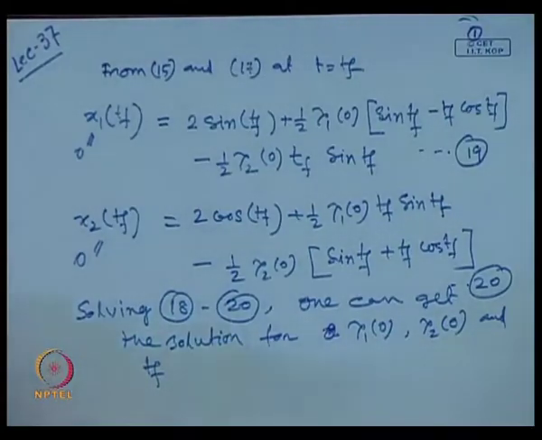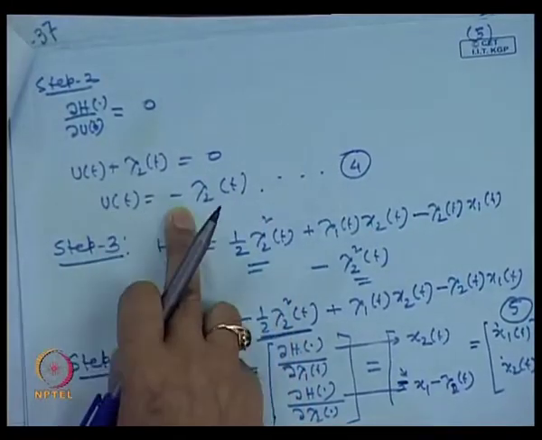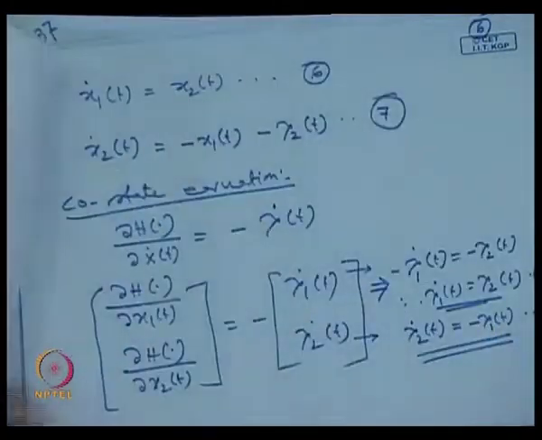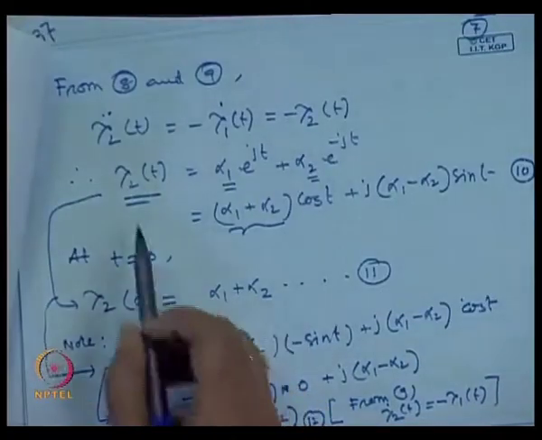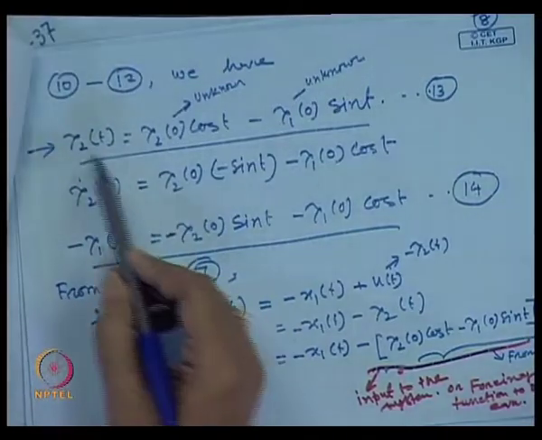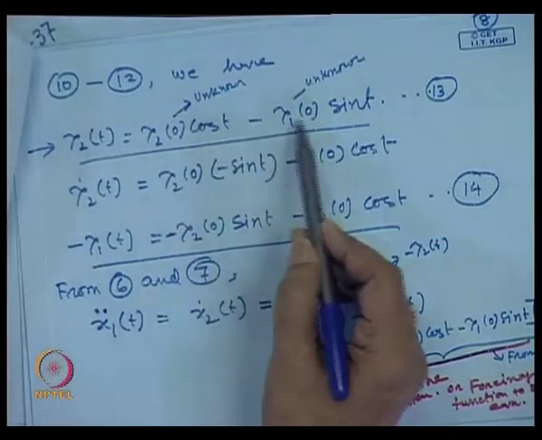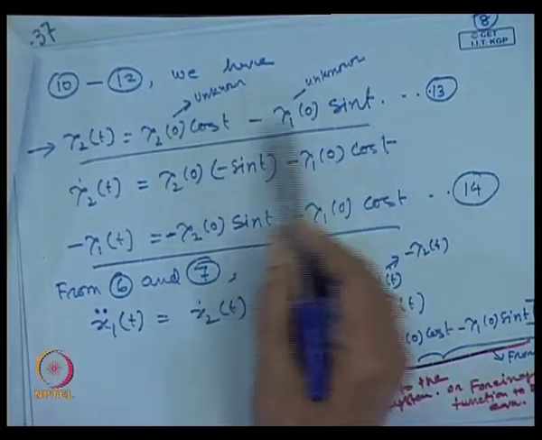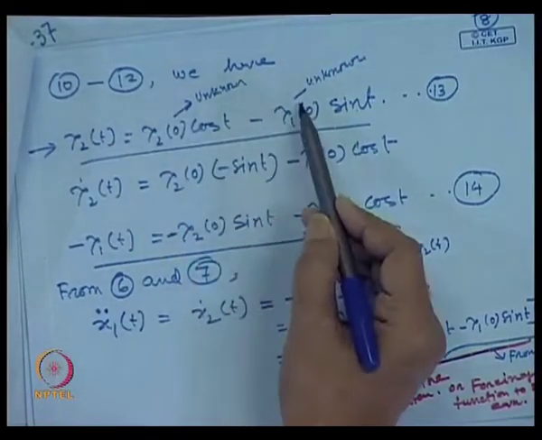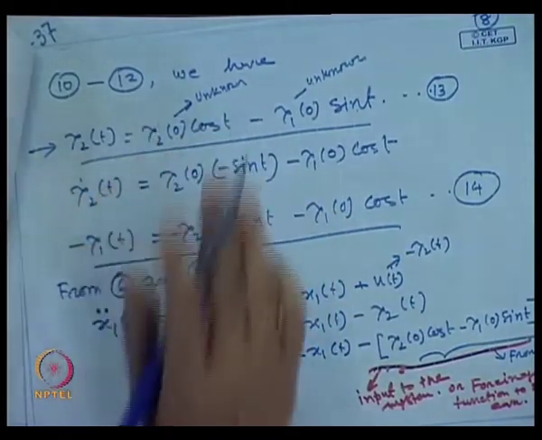Our control law u(t) is nothing but minus lambda2(t). You see the expression for lambda2(t) here: lambda2(0) cos t minus lambda1(0) sin t. So, these values are now known. So, lambda2(t) we know, in turn u(t) we know.